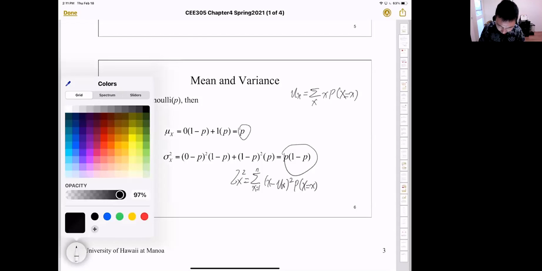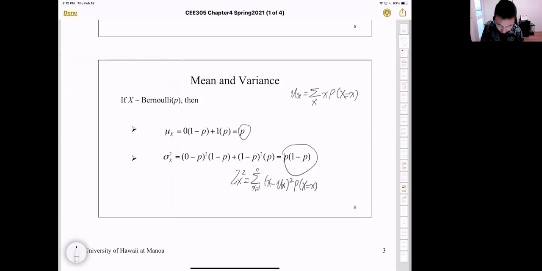Because the random variable x only has two possible outcomes, 0 and 1, when x is 0, P(x) is equal to 1 minus p. When x equals 1, P(x) equals p. So that's why we get mu x equal to p. And for the variance of x, it's the same thing.